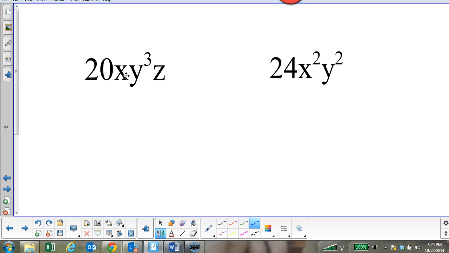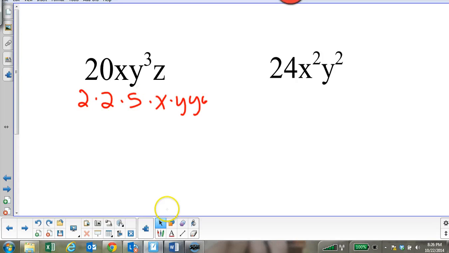So the prime factors of 20x y to the third z are just the prime factors of 20, which would be 2 times 2 times 5 if you did the factorization. And then x, and then there are 3 factors of y and a z.